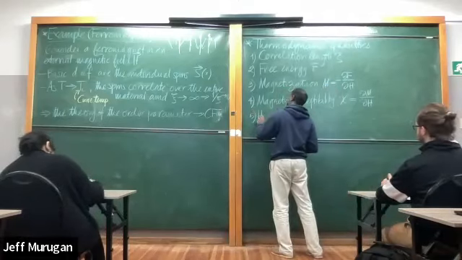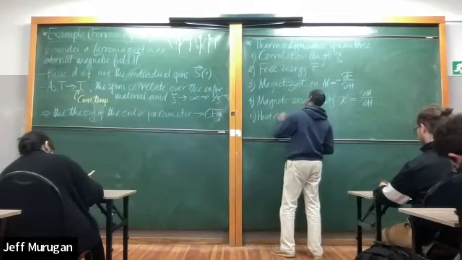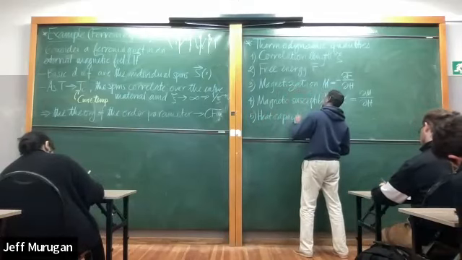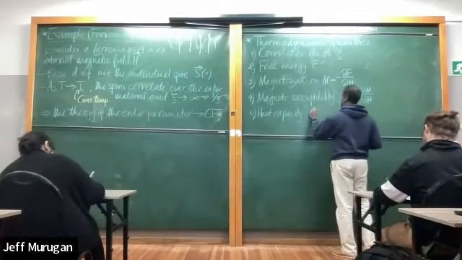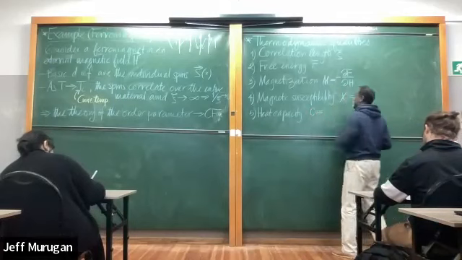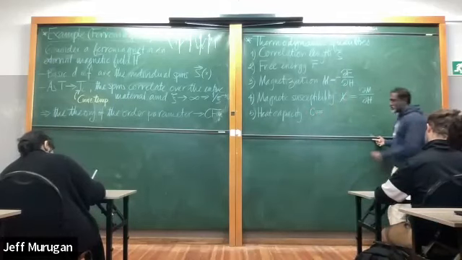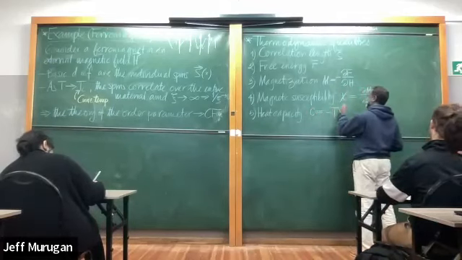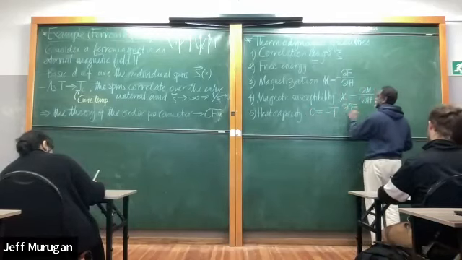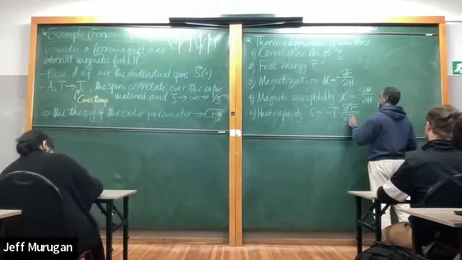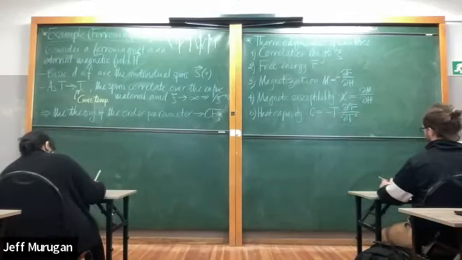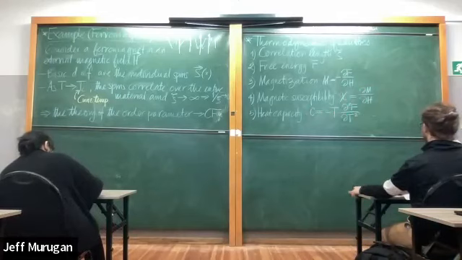And for example, the heat capacity of the material, which is C, and C is minus T times the second derivative of the energy with respect to the temperature. Okay, this is crude in terms of detail, but this is what it is.